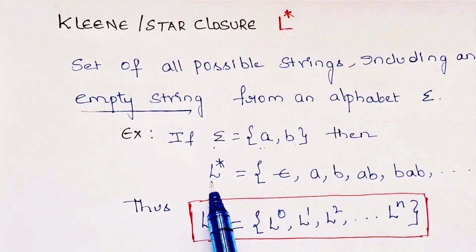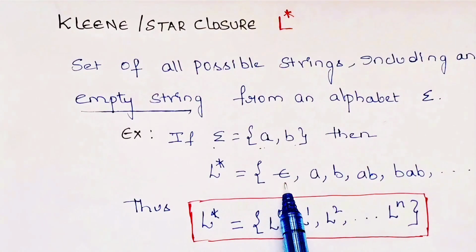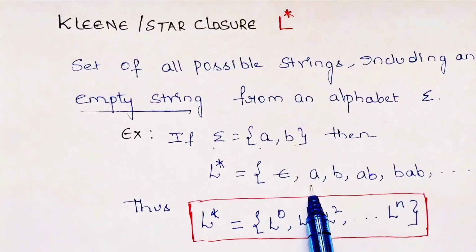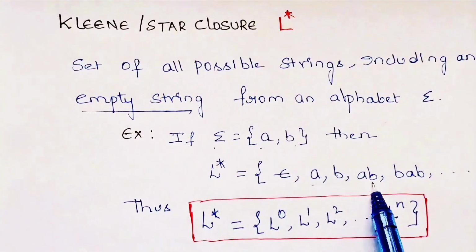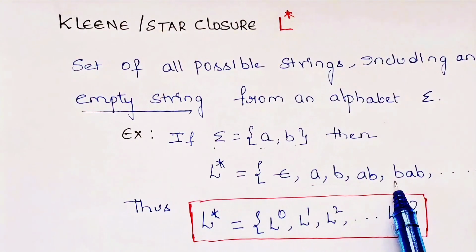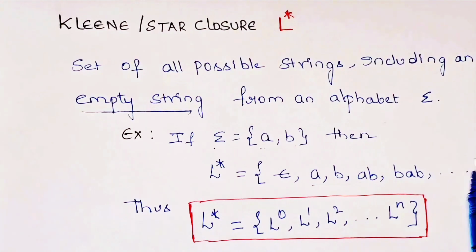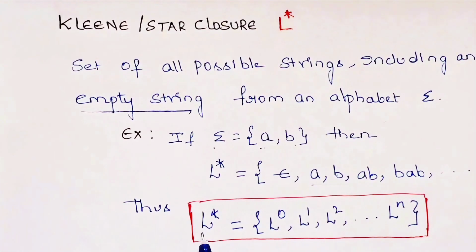Then the Kleene closure is defined as the empty string epsilon, the strings of length 1: a, b, the strings of length 2: ab, the strings of length 3: bab, and so on till any length. Thus, it is written as L star is equal to the collection of the strings of length 0, which is L power 0, length 1, which is L power 1, length 2, which is L power 2, and so on till the strings of length n, which is L power n.